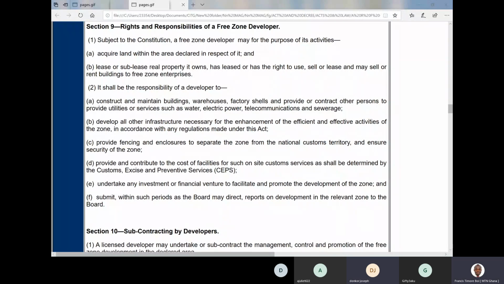B. The development of any other infrastructure necessary for the enhancement of the efficient and effective activities of the zone in accordance with the regulations.